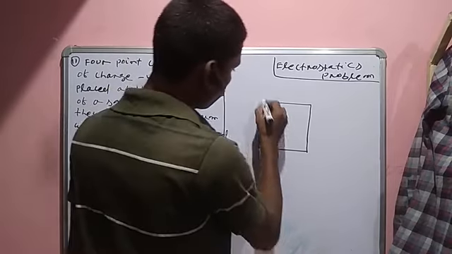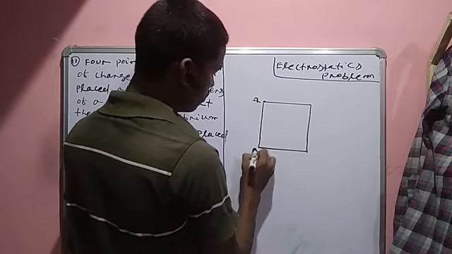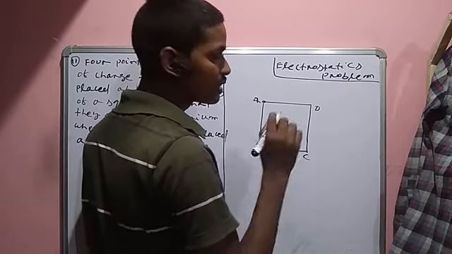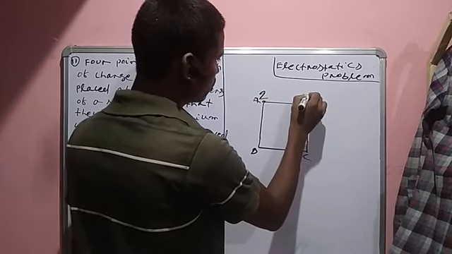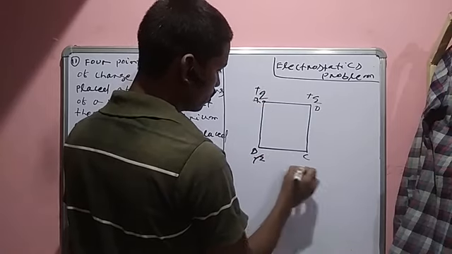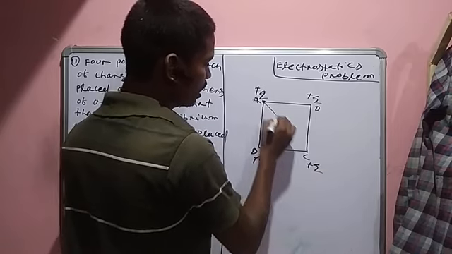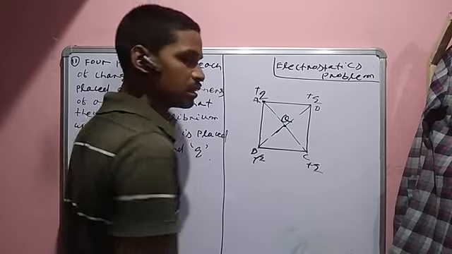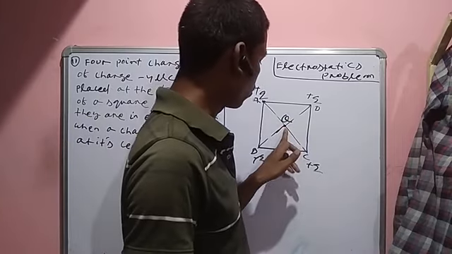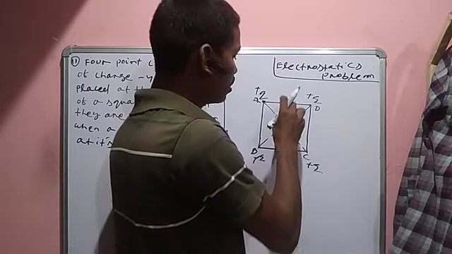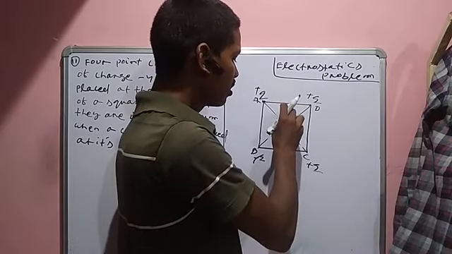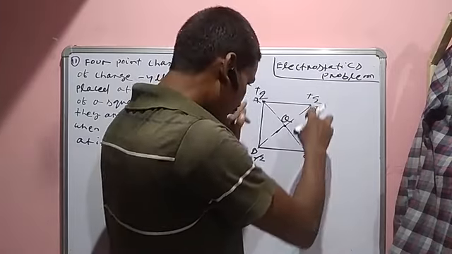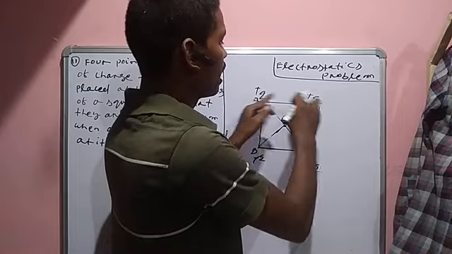Look here. Suppose this is the square ABCD. At each vertex a charge Q, positive Q, is placed. The question is, what is the value of charge capital Q placed at the center O? The charge placed at the center of the square holds the total forces on the corner charges.